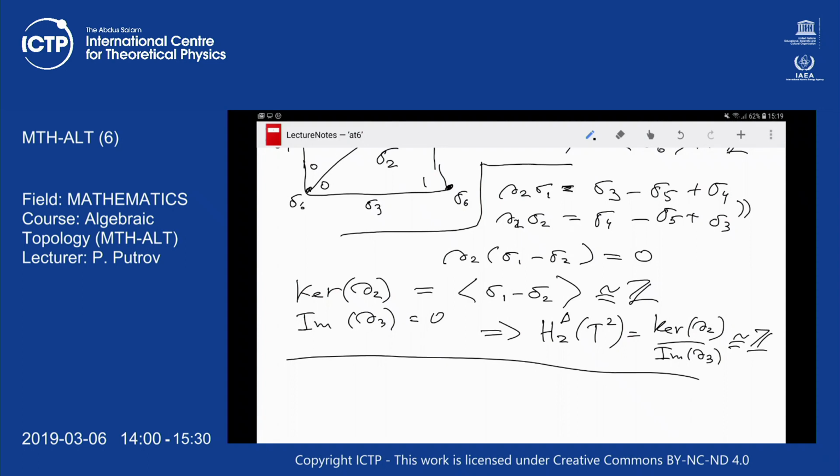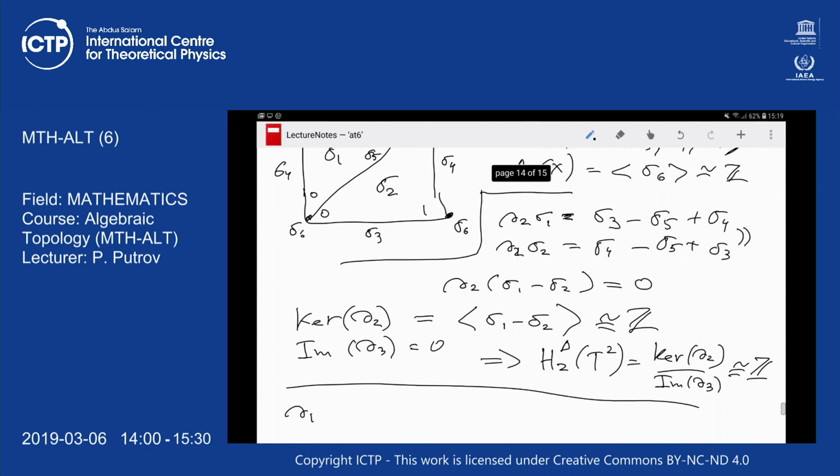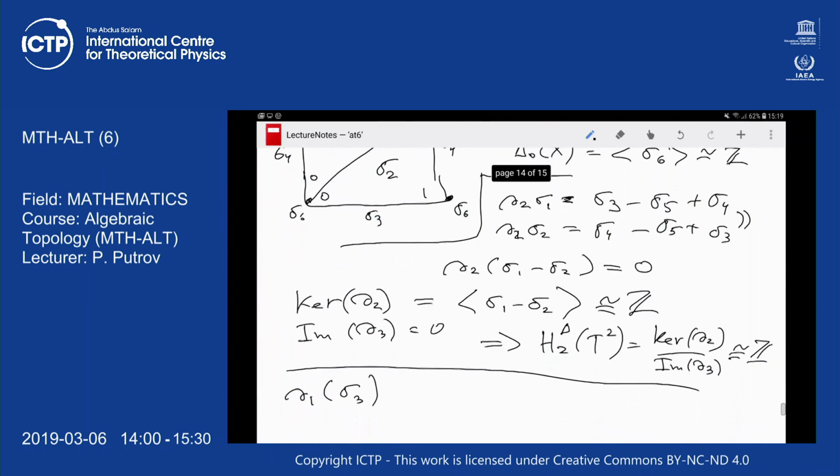Now what about delta 1? Delta 1 acts on this group with 3 generators. Now we want the action of delta 1 on all the 3 generators. First, delta 1 on sigma 3. If we remove vertex 0, we get sigma 6. If we remove vertex 1, we get again sigma 6, but with minus, so this is 0.